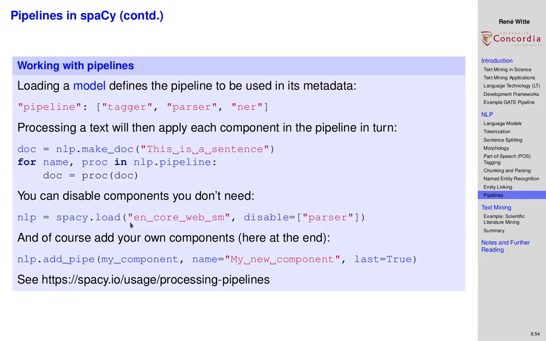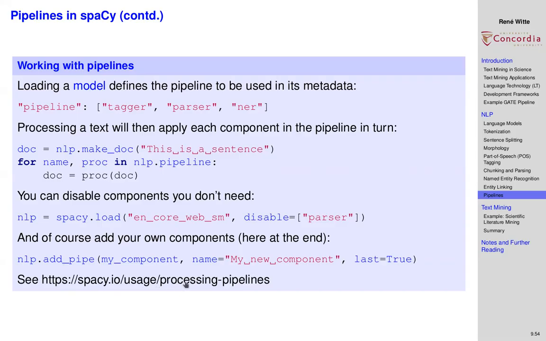You can load the default pipeline and then selectively disable steps. Let's say you don't need the parser, so you don't want to waste processing time and memory for running it. You can disable it as shown here. And you can add a new component to the pipeline. So here we're using the predefined pipeline, but we are adding a new component, in this case as the last step in the pipeline.